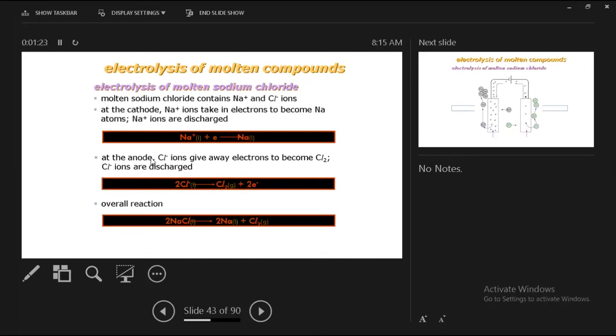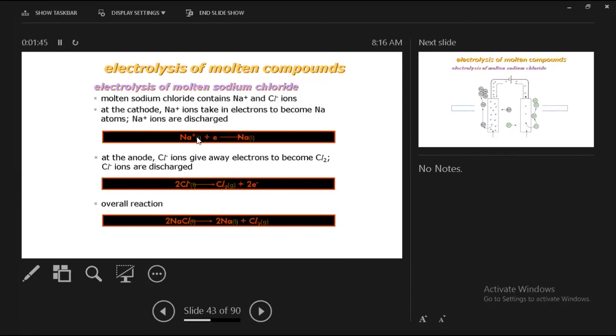You must be able to write these half equations, and you must also be able to identify the product. For the electrolysis of molten sodium chloride, the word molten is the keyword here. It should tell you that there are only 2 ions involved: Na+ for sodium and Cl- for chlorine.